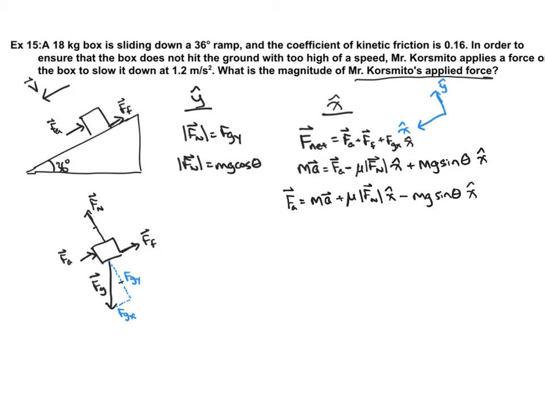Okay. And I'm going to make a substitution. It's getting pretty complicated here. But that expression for normal force, mg cos theta, I'm going to substitute that into equation 2 right here.